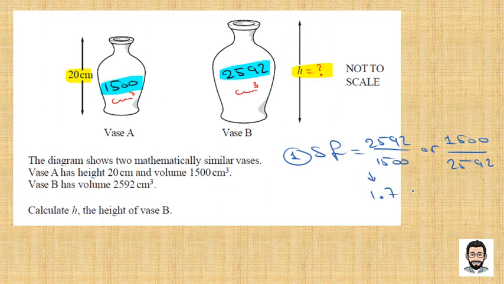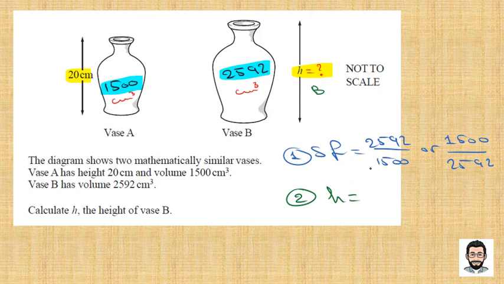It's going to be 1.7. And here it's going to be the inverse of 1.7. So if you want to write it as a fraction only, to avoid being confused, no problem. Now number 2, we're going to use it to find H, this H for the big one, the big vase.